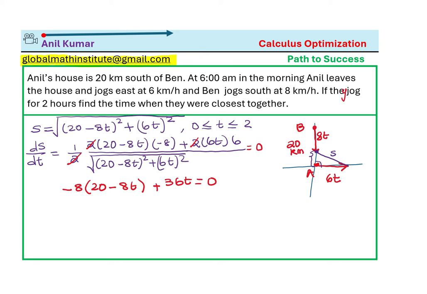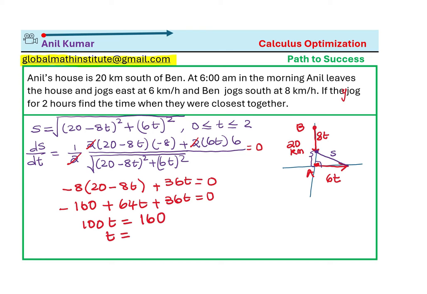Okay, so let's open the bracket and find what t could be. So minus 160 plus 64t plus 36t equals 0. Taking 160 to the right side and adding this up, 64 plus 36 is 100t equals 160.